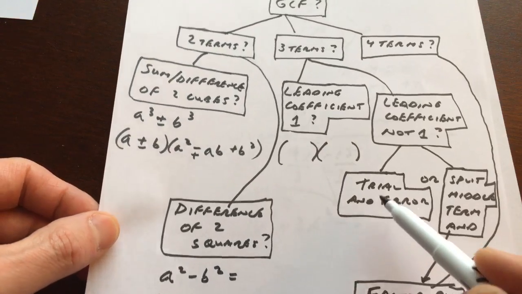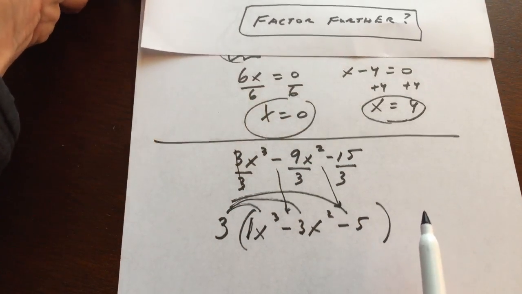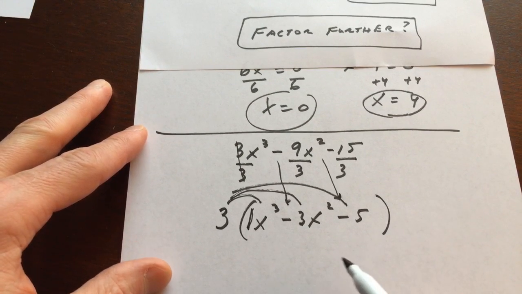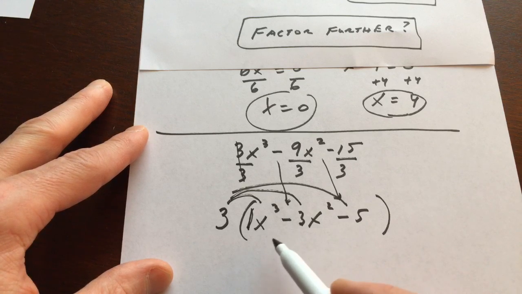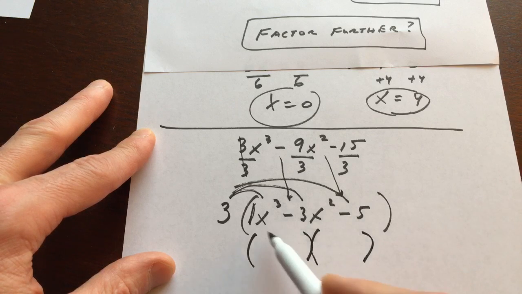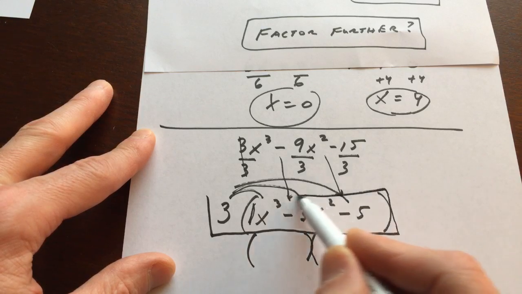You can either do that by using a trial and error method, or you can try and split the middle term in factoring by grouping. But for this problem here, I'm just going to let you guys know real quickly, we're going to get into some more challenging ones, but at this point, we're not going to be able to factor this further into 2 binomials. So really, this is as far as we can go right here, and that's completely factored.